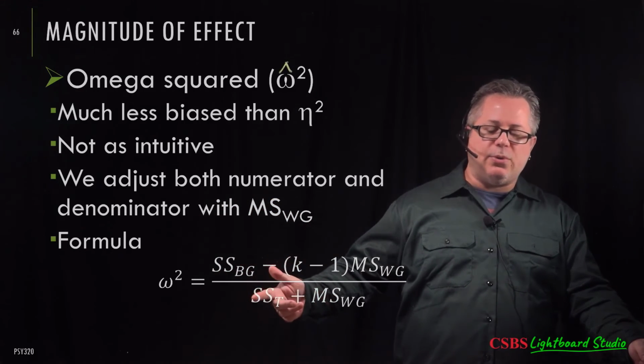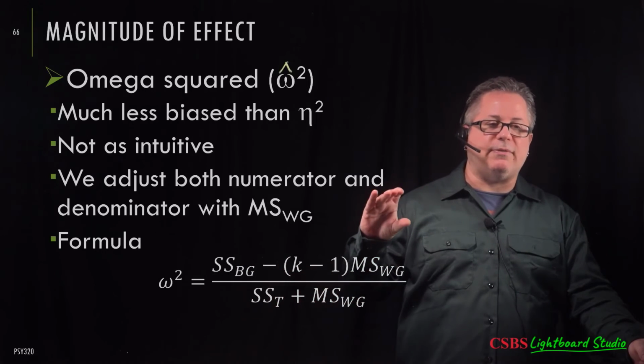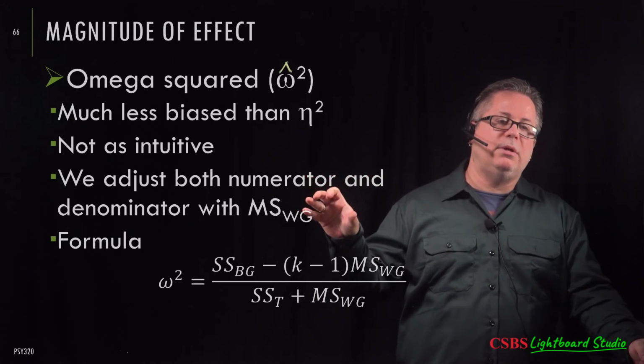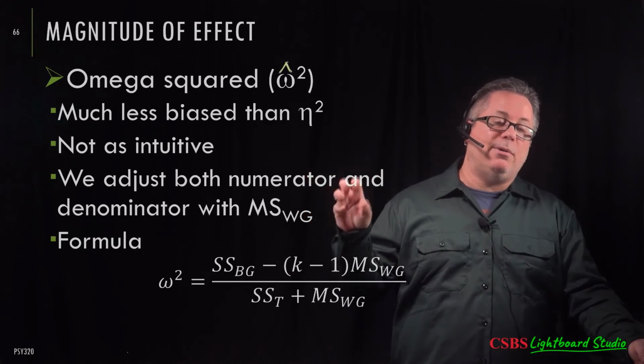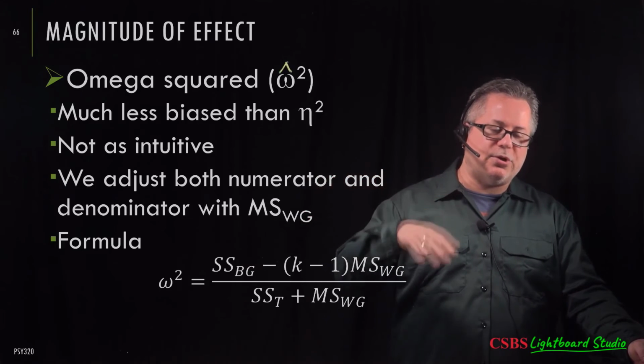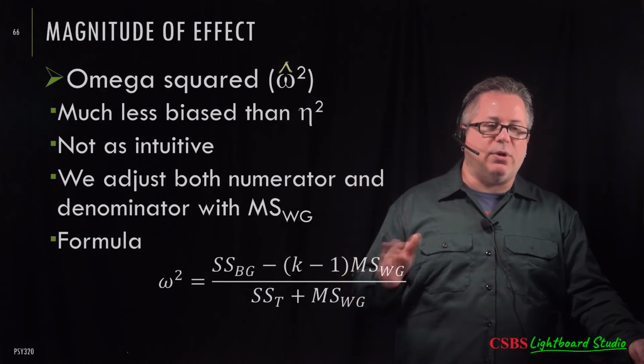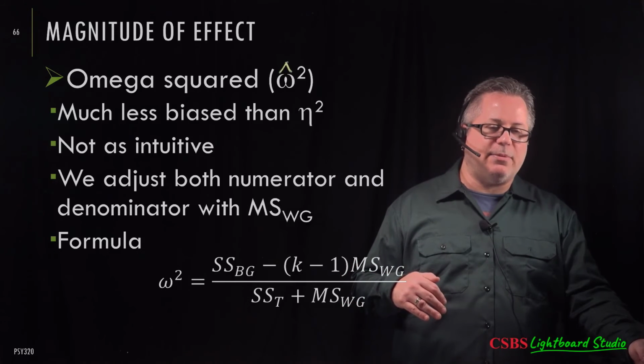Since we know, like with an F-test, that the numerator has both real variation plus some random variation in it as well, why don't we just subtract that out? Why don't we get rid of the random part in the top?